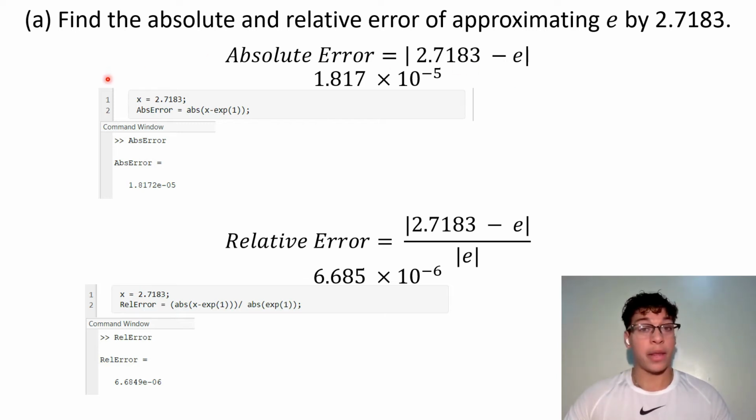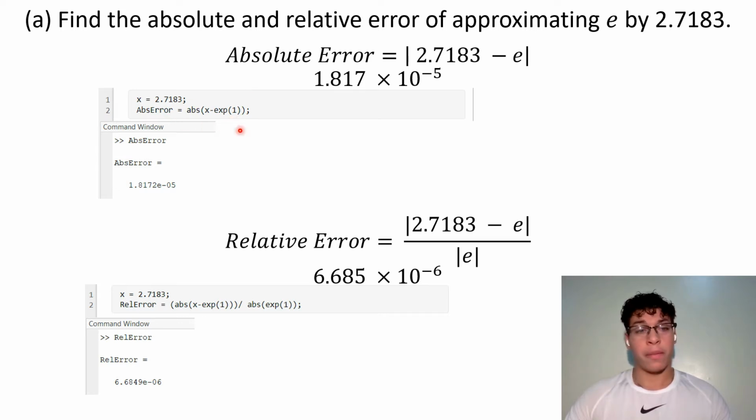And in MATLAB, we would compute it as assigning x to 2.7183 and creating the equation. I called that ABS error, which stands for absolute error, which equals the absolute value of x minus exp of 1. And this just represents Euler's number to the first power.